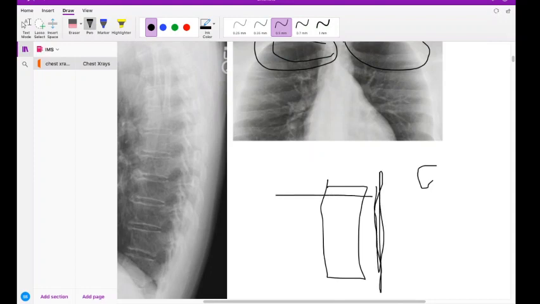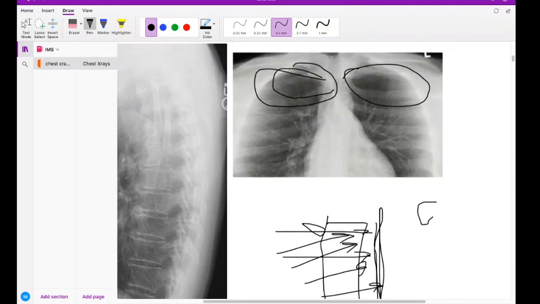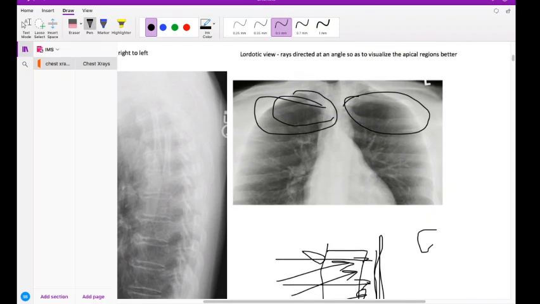Usually we try to make the rays come perpendicularly, which is why the clavicles project onto the apex. So in lordotic view, we project the X-rays at an angle like this, so that the apices are more clearly visualized. Everything else might be distorted in lordotic view, but the apices of the lungs will be more clearly visualized. Did you guys get that?